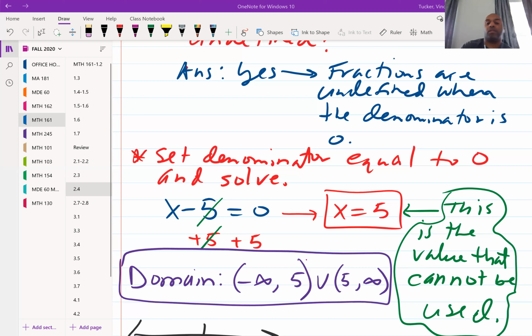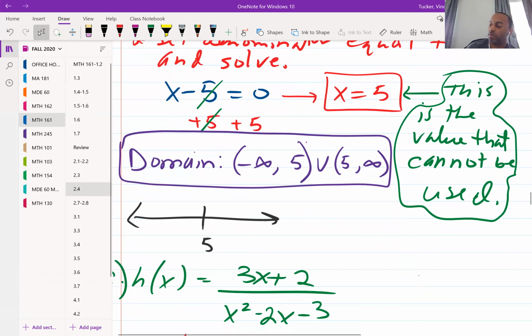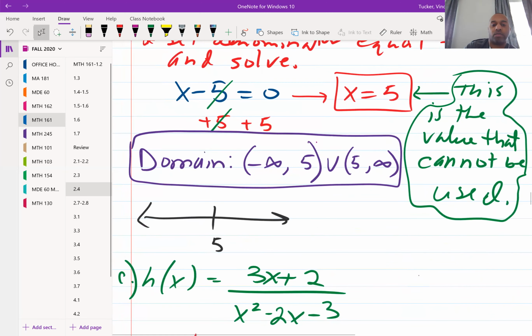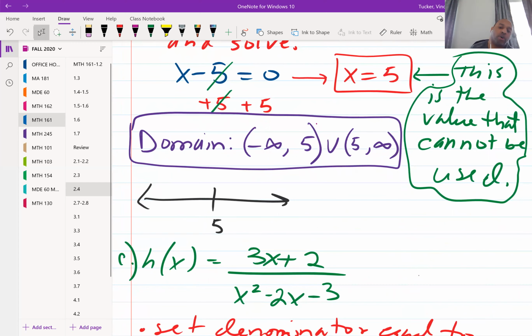All right, scrolling up. All right, next one. h of x is equal to 3x plus 2 over x squared minus 2x minus 3. So once again, we have a rational expression.